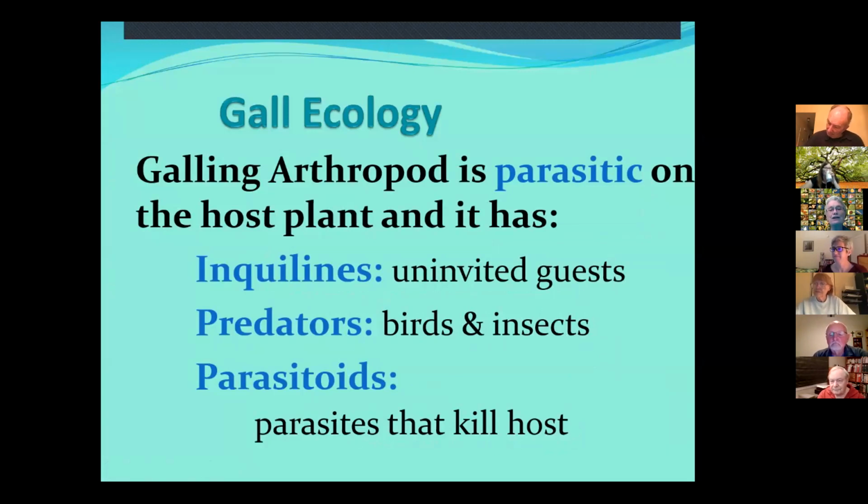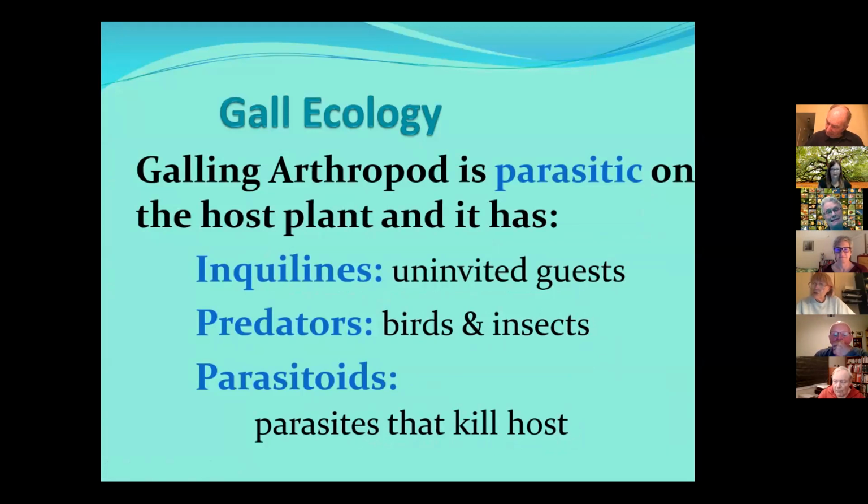All right, so anyway, we're going to look at inquilines, the uninvited guests, and two patterns they form. We're going to look at predators, which includes both birds and insects, and some of the damage they cause, because even though it seems like being in your own little safe world, or as they say in our deep look, your own banana, where you can have all the food you want and you're safe from the rest of the world, you're right out there, and predators can find you, and inquilines can find you, and so can parasitoids.